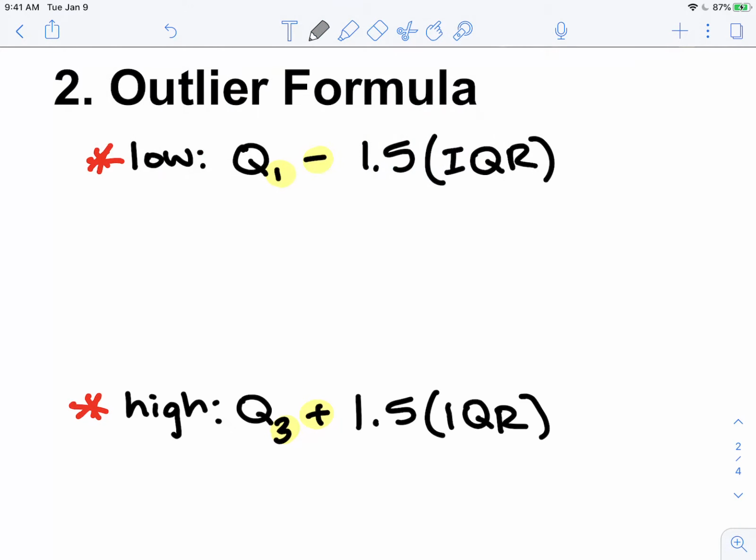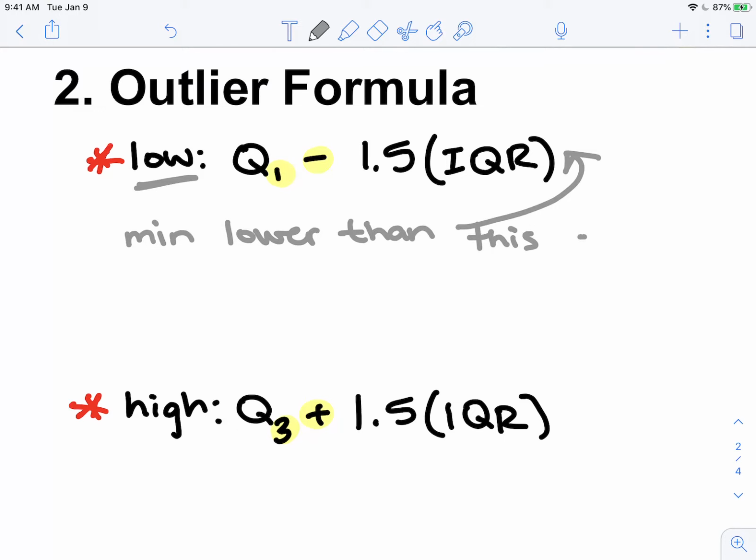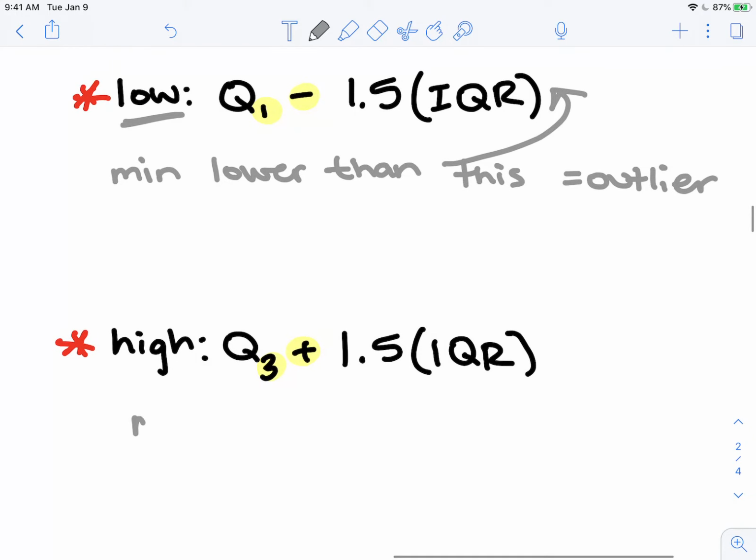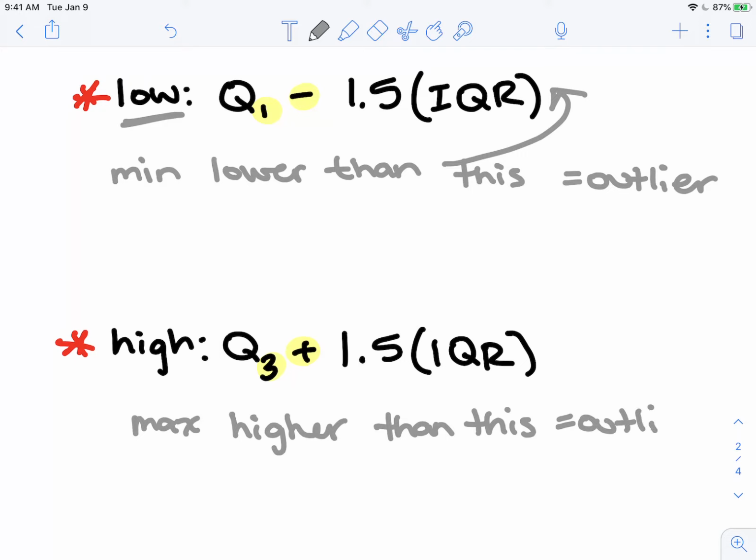So after you calculate whatever value this is for the low outliers, if your minimum value is lower than this value right here that you find, that is an outlier. Same logic goes here. If your maximum value is higher than this, whatever value you find, then that's an outlier.